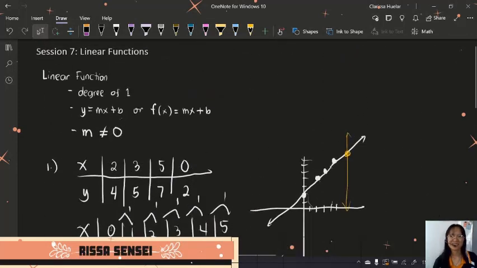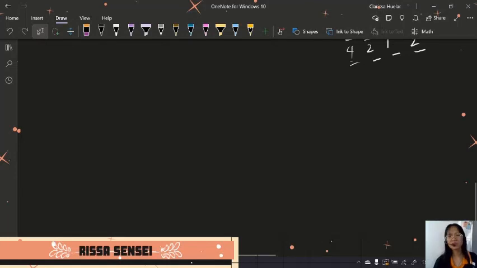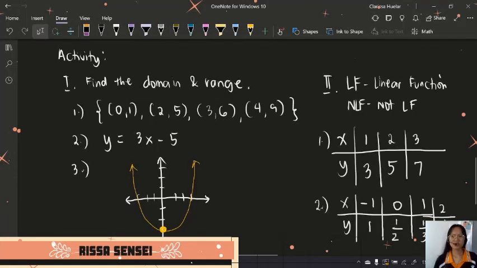Ayan. So, I'll give you an activity. Here's your activity for the first activity. You will just determine the domain and range of each relation. It can be in notation form. It can also be in set builder notation. So, kayo na bahala.